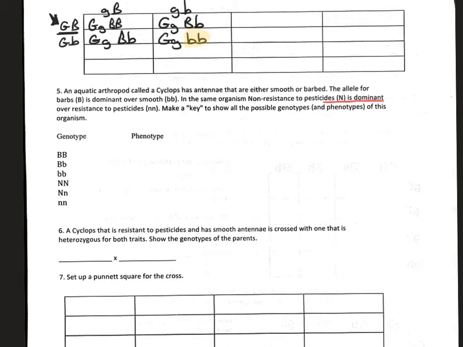It's dominant over the recessive that are resistant to pesticides. And the dominant allele for barbs is dominant over the smooth. So if you have this genotype, what phenotype would you have? Barbs.